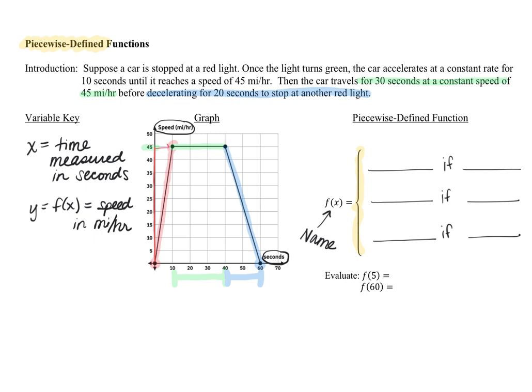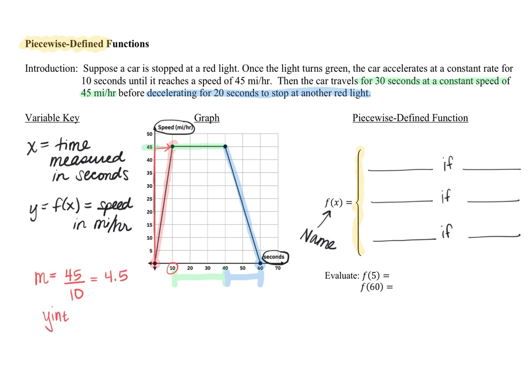And then we go to the right, or we run, and we're running at that time of 10 seconds. So if we look at the slope for the first portion of this graph, we're basically going up 45 and to the right 10. So we're doing our change in y over our change in x, and of course, if we simplify, that's going to be a slope of 45.